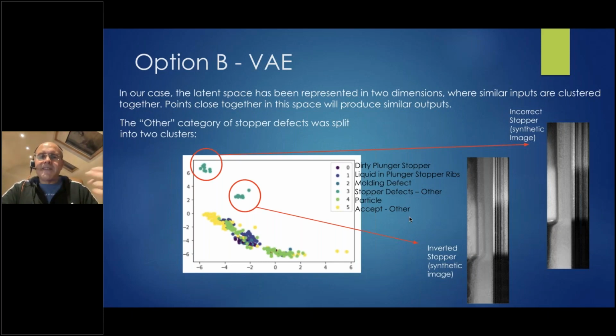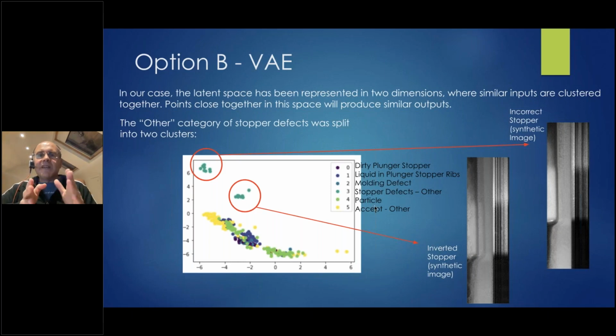Doing the same exercise in the other green region, the decoding process started to generate meaningful images of inverted stopper defects. You can see the resolution, as expected, is lower than the original images, but that was not an issue because we put a super resolution algorithm downstream of this process, to match the quality and resolution of the original production preprocessed images.